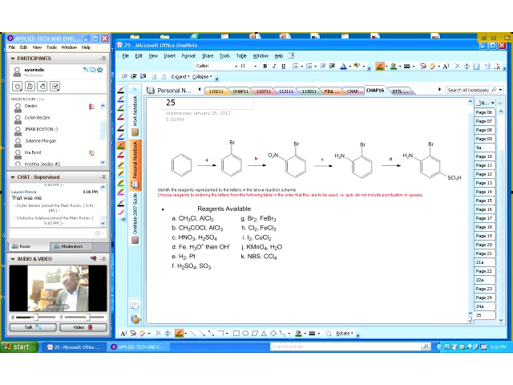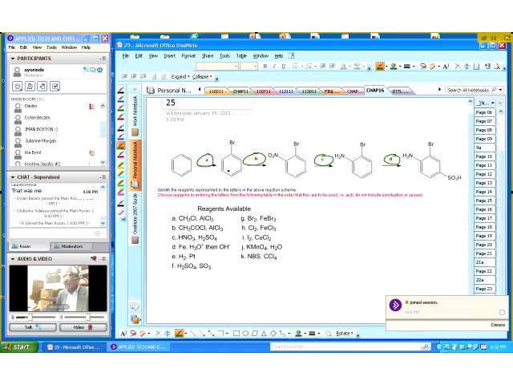Okay, very good. So now what they want us to do is to identify these reagents here. Each one of those reagents will be transforming each molecule to the next molecule. So let us do this together.